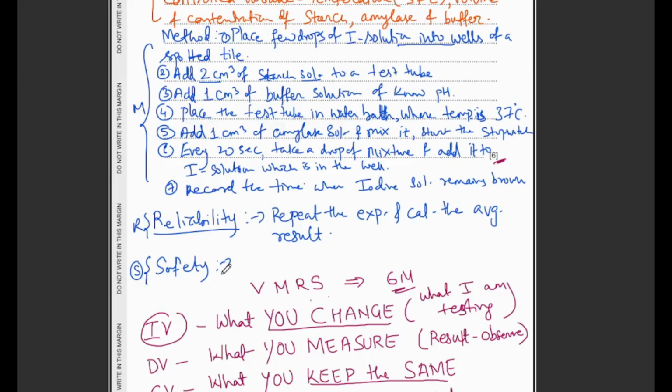Or you can mention that use the same volume of starch, amylase and buffer in every trial. Okay, in every trial you use the same volume of starch, amylase and buffer solution. That is one of the safety precautions.